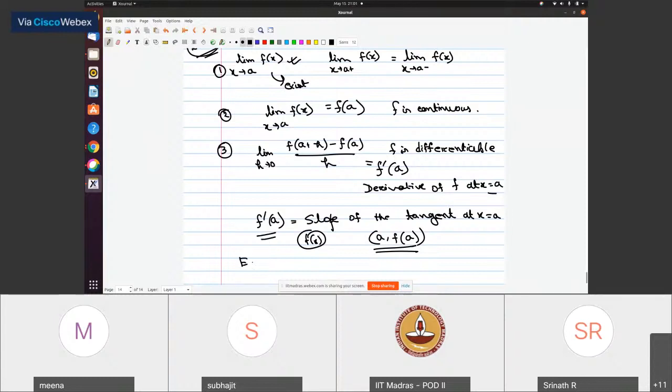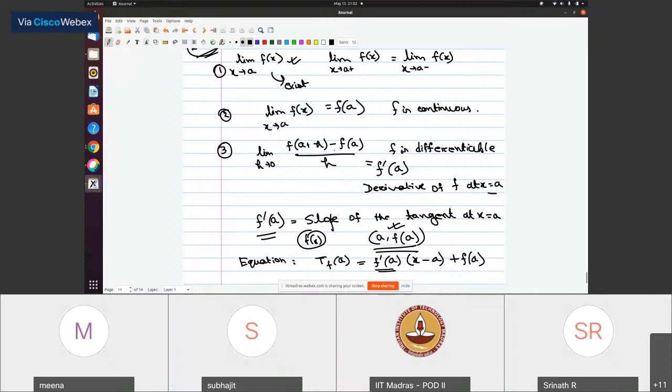The tangent is a straight line, so the equation of the tangent at a is f dash a into x minus a plus f(a). It has to satisfy the point (a, f(a)). So you can see it is going through that point, and the slope is nothing but f dash a. That is how slope, continuity, and derivative of a function are related.